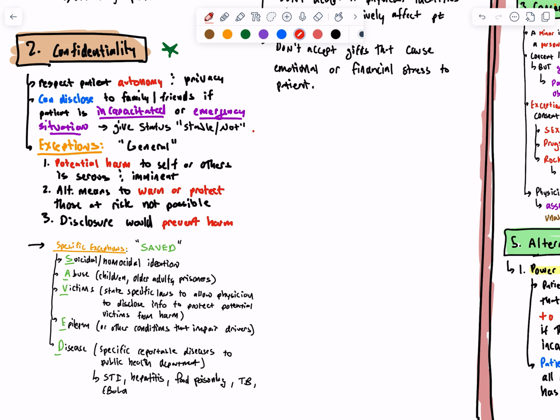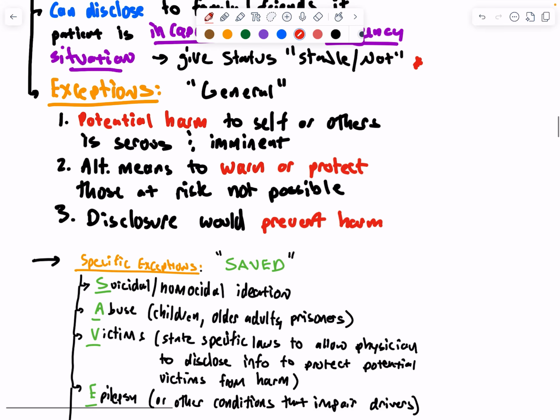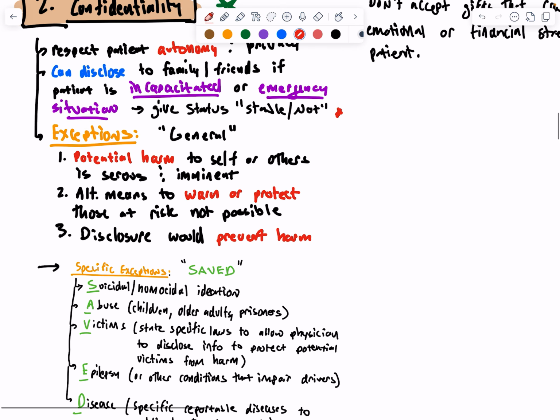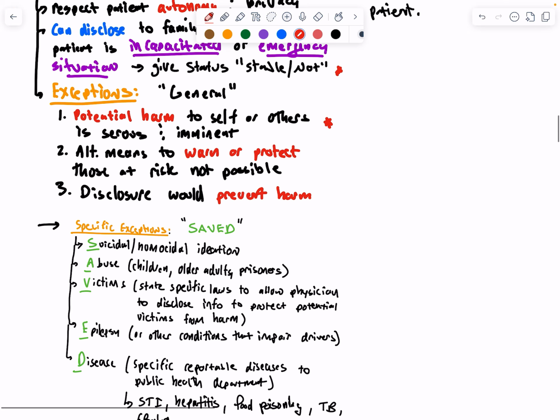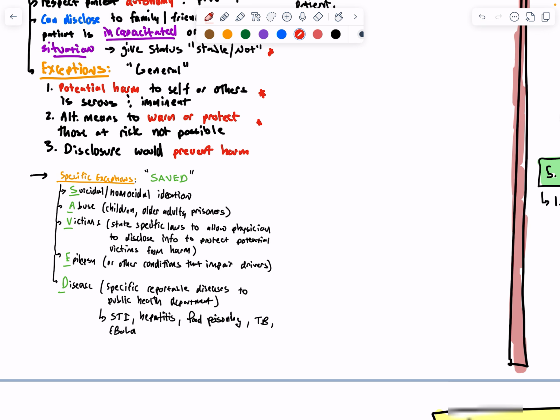And in that case, you would give them just the status, patient is stable or not stable. But again, in an emergency incapacitated situation. But general exceptions are, you can violate confidentiality if the potential for harm to self or others is serious or imminent, alternative means to warn or protect those at risk are not available, and disclosure would prevent harm.